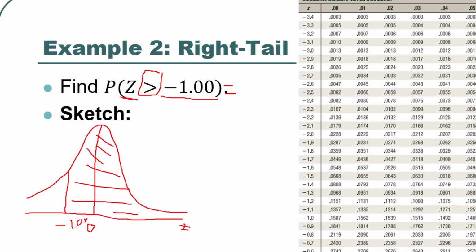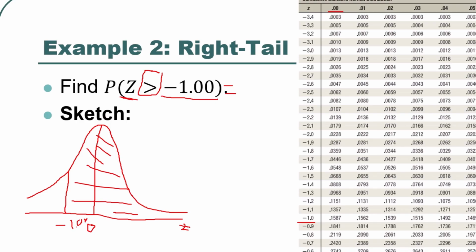First, I'm gonna get the left tail, which is the tiny little white tail here, and I'm gonna read it at -1. So I'm gonna go down until I find -1.0. So the whole number 1 and the first decimal is 0, while the second decimal, I'm gonna read from the column headers, which is the first column, 0.00.